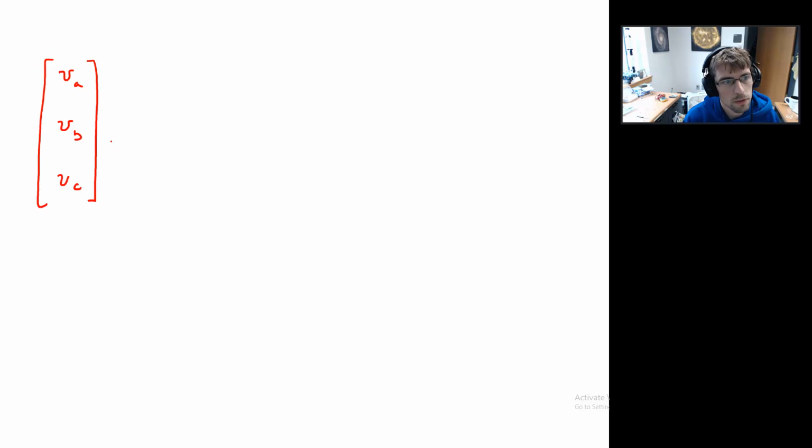are equal to 120, that one's no surprise. The second one is 110, and I'm just rounding, plus 6j. And the third one is 96 minus 36j.